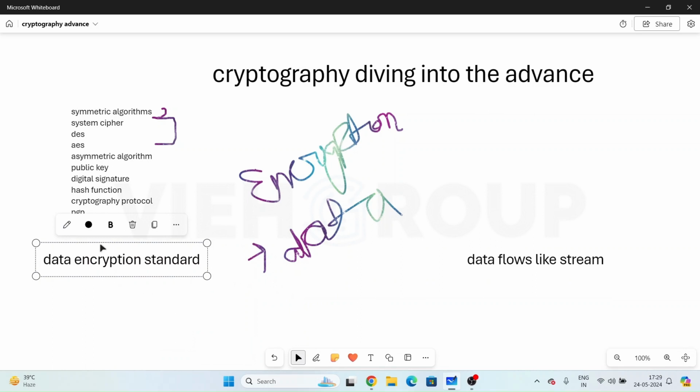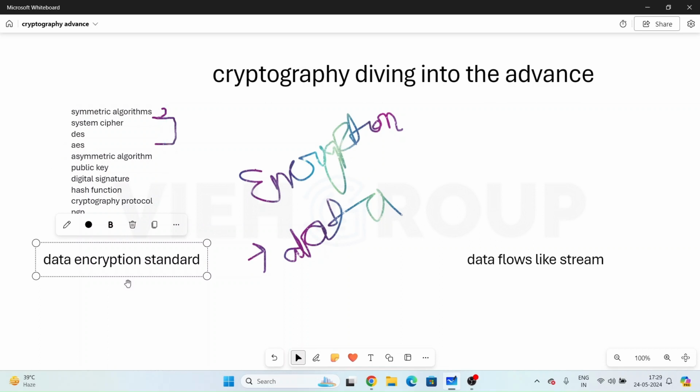In this field, it is showing its age. Once considered secure, now vulnerable to brute force attacks. This is not safe anymore. This Data Encryption Standard, DES, is not as safe in comparison to AES. I'm covering this topic together.